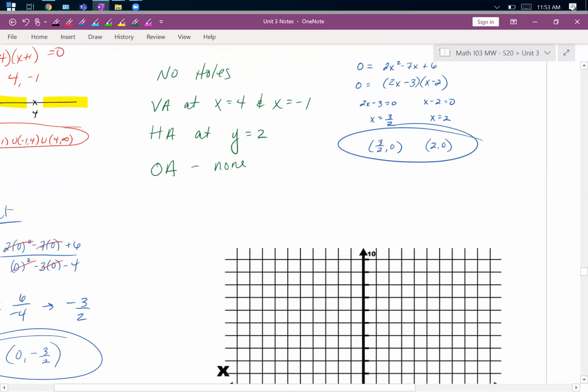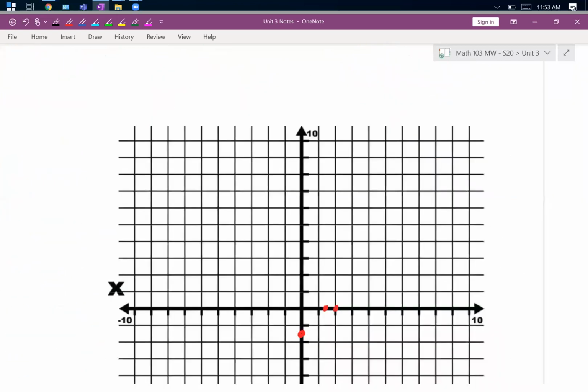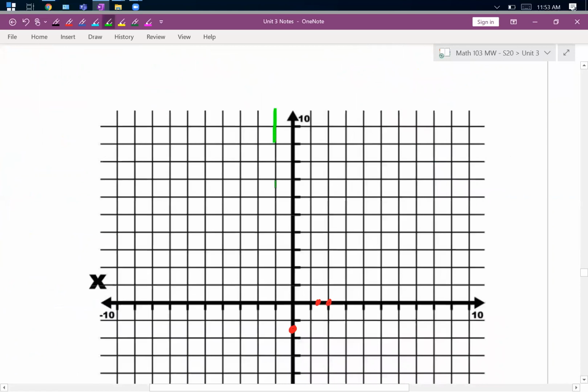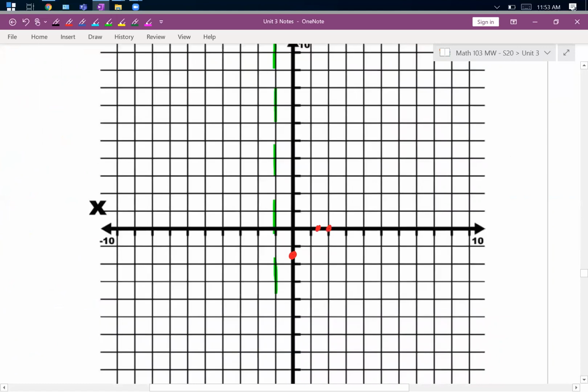Verticals at x equals 4 and x equals -1. And you'll notice I'm drawing them in a dashed line because technically they're not part of the graph. They're just guidelines for us. And then we have a horizontal asymptote at y equals 2.